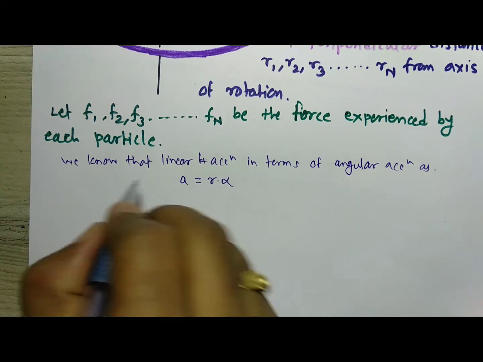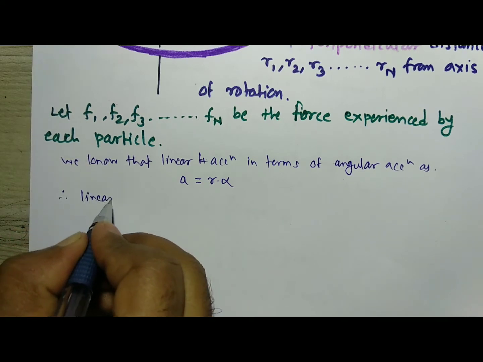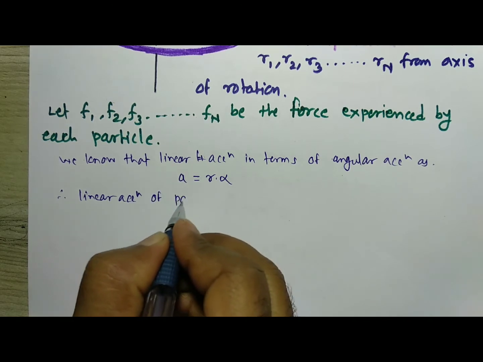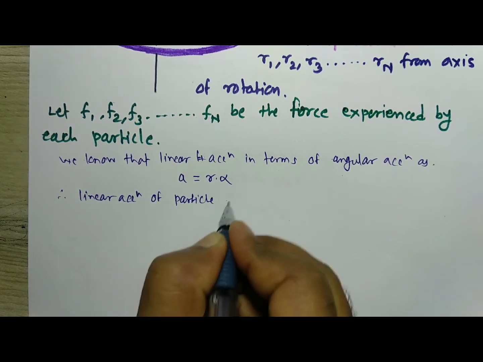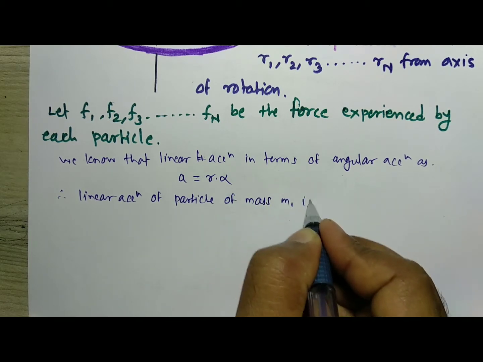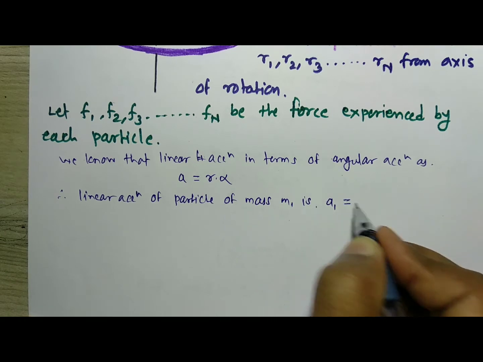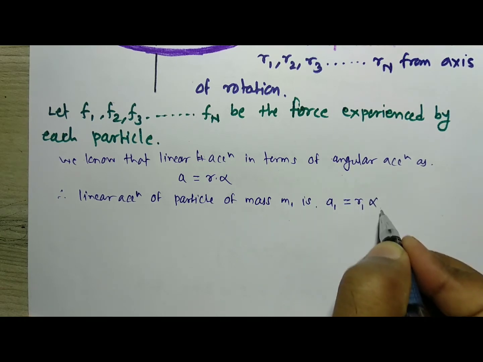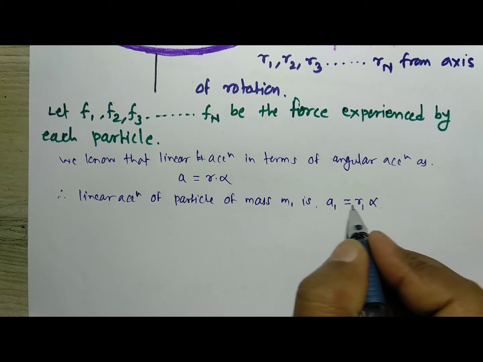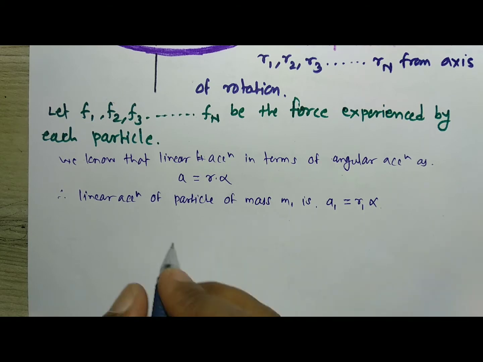Therefore the linear acceleration of a particle of mass m1 is a1 equal to r1 alpha, where alpha is constant and r1 is the distance of mass m1 from the axis of rotation.